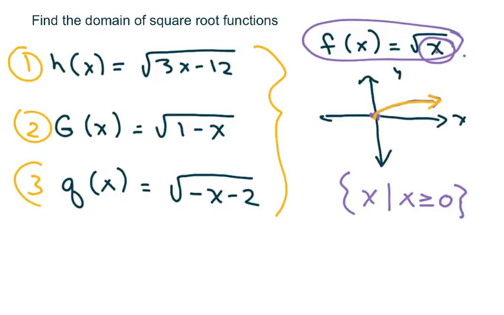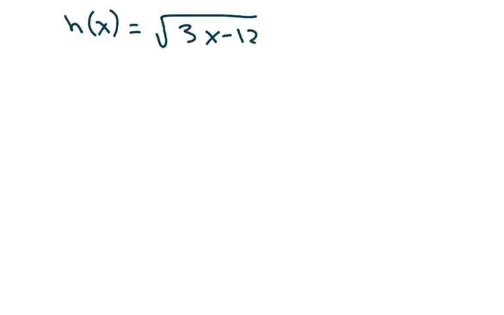Okay, so for the first one, h of x equals the square root of 3x minus 12. So I know inside of here, this whole thing has to be greater than or equal to 0 based on our parent function.